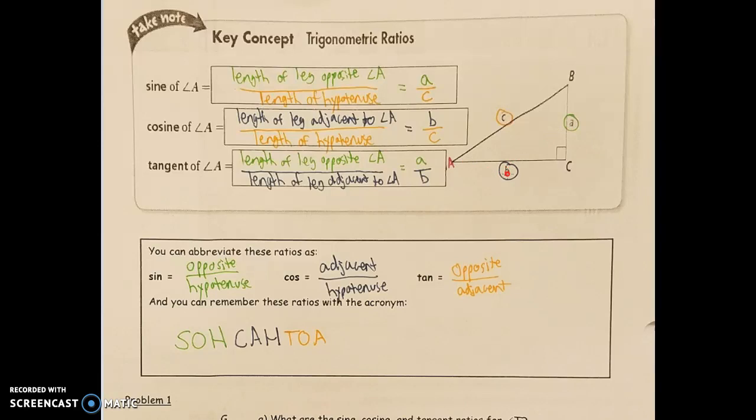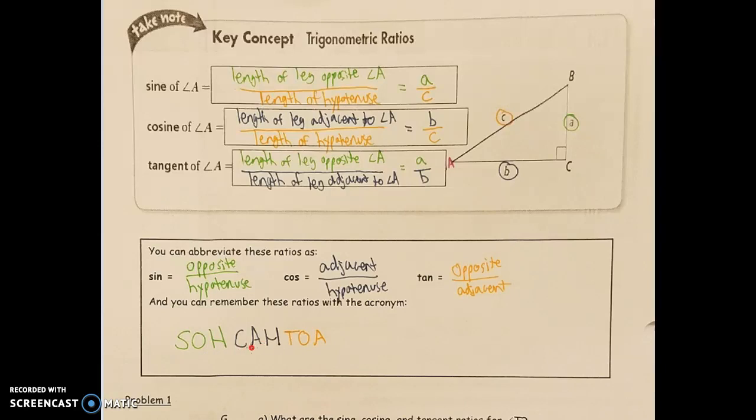If we want to abbreviate those three ratios, sine was opposite leg over hypotenuse, so opposite over hypotenuse. Cosine is adjacent over hypotenuse, and tangent is opposite over adjacent. If I want to remember those three, you'll commonly see this acronym, SOHCAHTOA. The SOH stands for sine is opposite over hypotenuse.